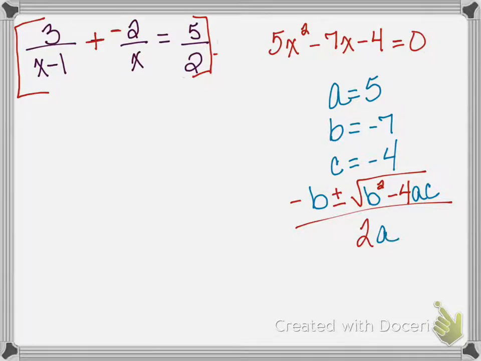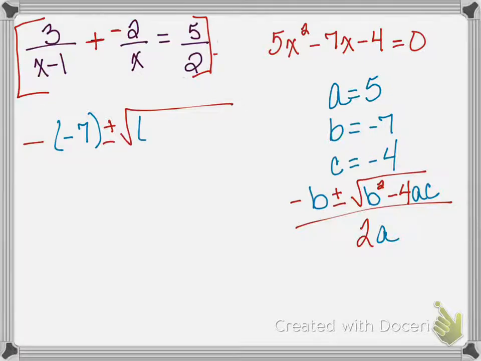Okay. The blue is where I am plugging in the values. So I have a negative 7. That is a place that students sometimes make mistakes, so be careful there. Plus or minus the square root.